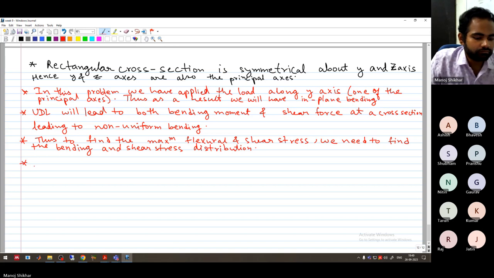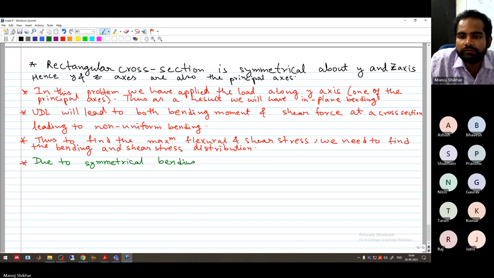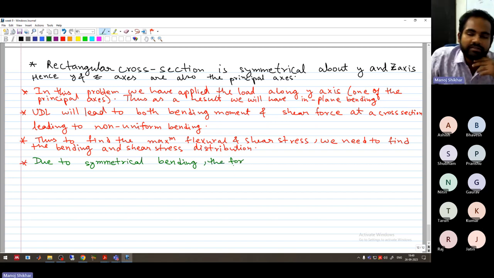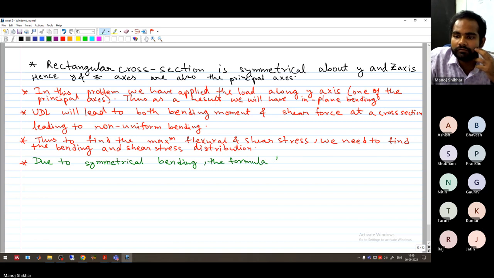Now, due to symmetrical bending, so you see the bending is symmetrical. It is non-uniform, but it's symmetrical. The formula for bending and shear stress, we have already done this thing in class.